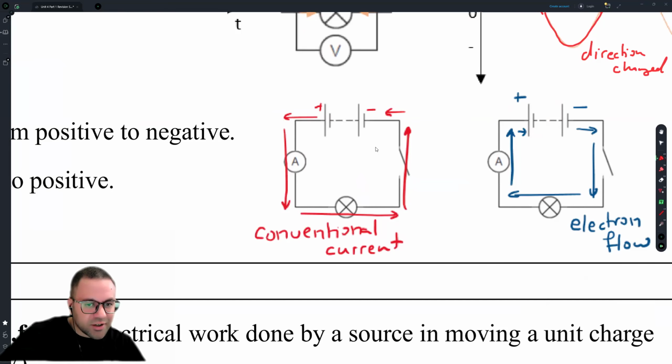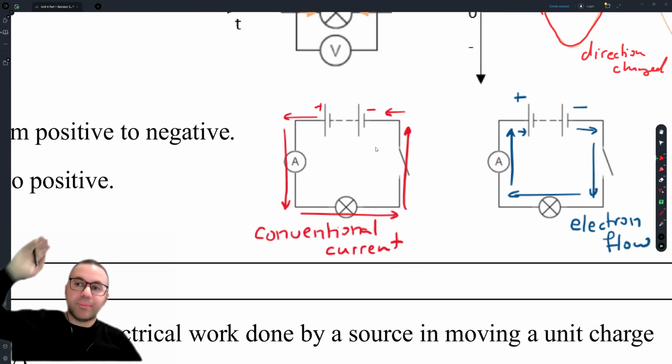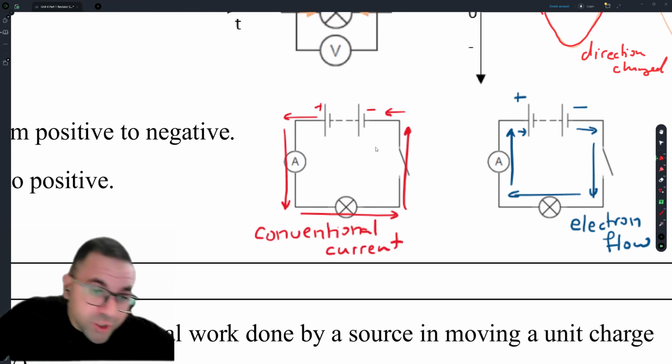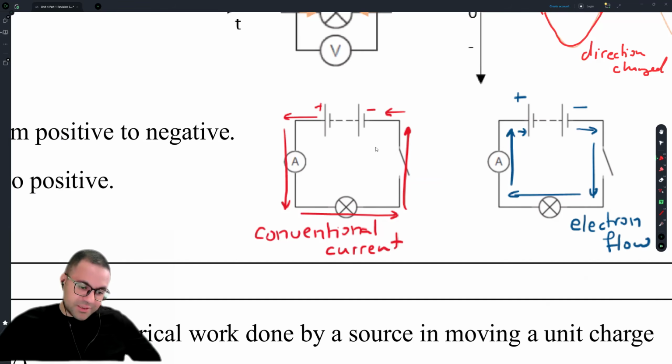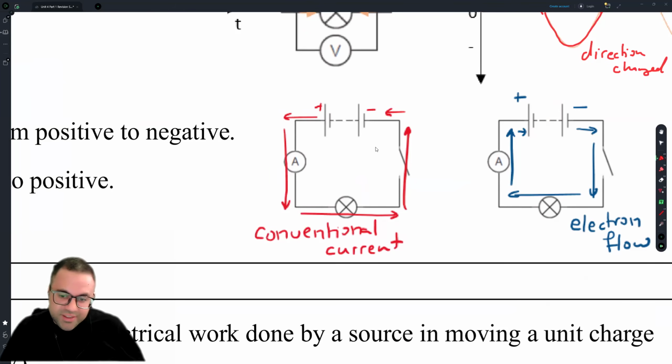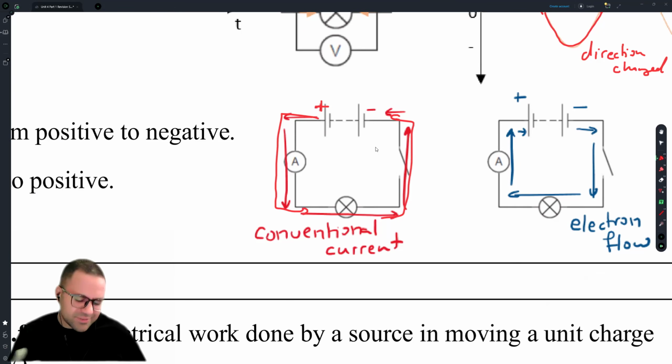But it's stuck. Why? A very long time ago, scientists did not know what was free to move inside a metal. Like they knew charges existed, they knew they could be positive or negative, but they didn't even know about protons and electrons yet. So they decided that charges need to flow from positive to negative. Why? Because it's easy. Come on. Like positive, negative, it's nice.